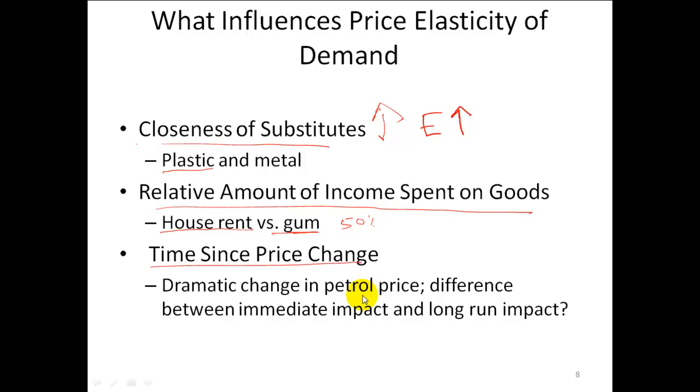You might carpool, or you might choose to use public transportation. So what will happen in the long term? In the long term, you are going to reduce your demand for petrol. So as you can see from this example, when we take a longer term perspective, then the elasticity is higher. Okay, so you need to know the 3 points shown on this slide.